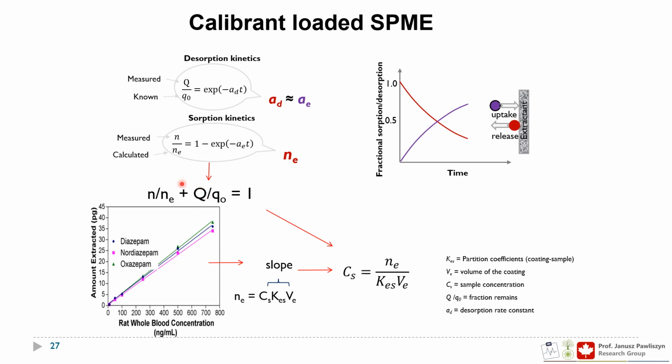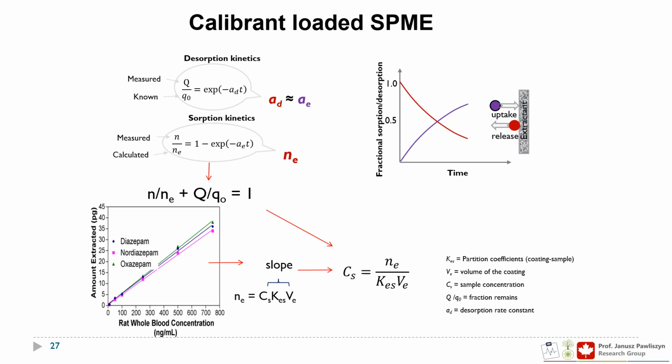So you can use this principle because the only unknown is the amount of analytes extracted at equilibrium, which we can calibrate based on matrix-matched calibration of raw blood. And from that, we can calculate the concentration.